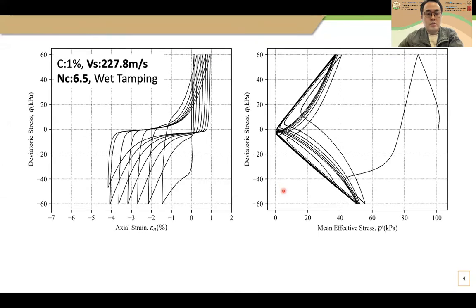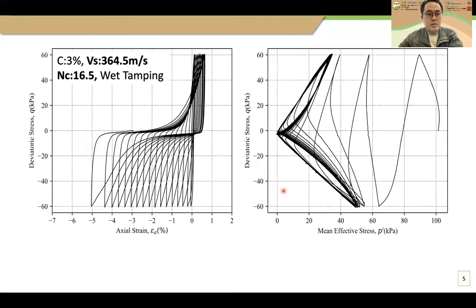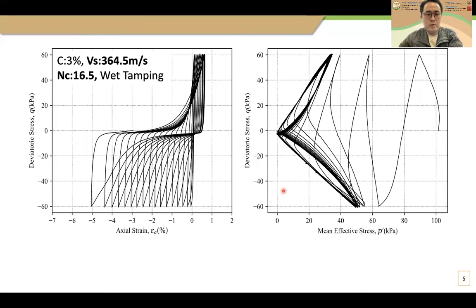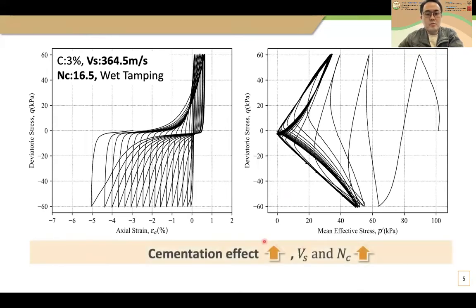As you can see, the shear wave velocity increased from 220 to 360, and the number of cycles to be liquefied also increased from 6.5 to 16.5. So we can say, as many previous studies mentioned, as the cementation effect increased, the shear wave velocity and the number of cycles to be liquefied also increased.